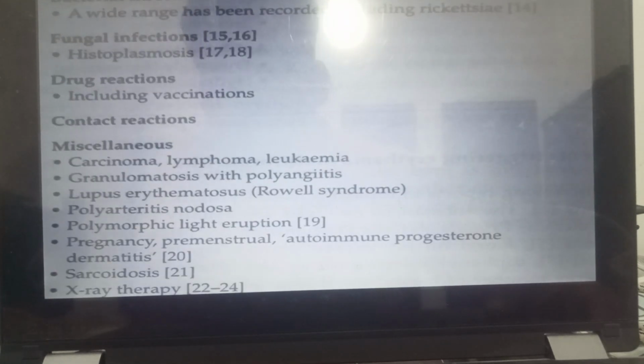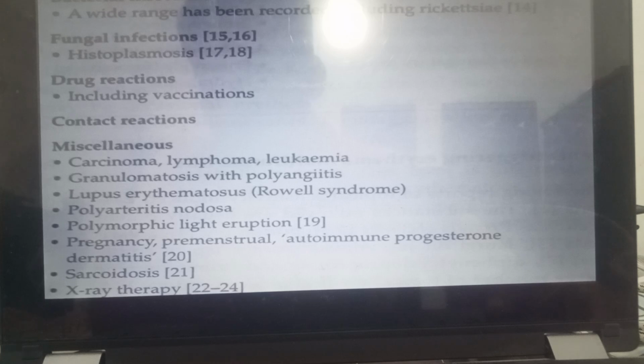There are some bacterial infections also noted, including the Rickettsia family of bacteria. Fungal infection, for example histoplasmosis. There are certain drugs, for example vaccination. Some contact reactions are also involved in erythema multiforme.